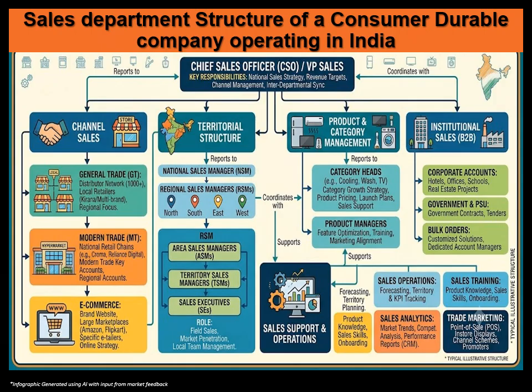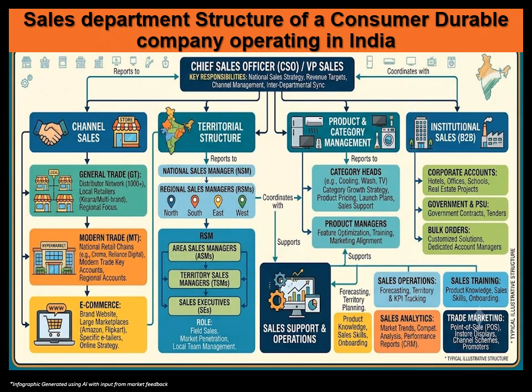And then the territorial structure may be like the national sales manager, regional sales manager, area sales manager, territory sales manager, and sales executive. The sales executive operates in a local market or a specific territory and reports to the territory sales manager.